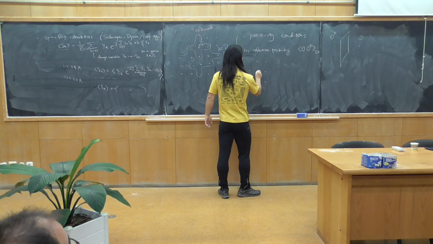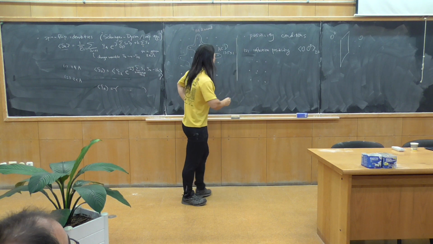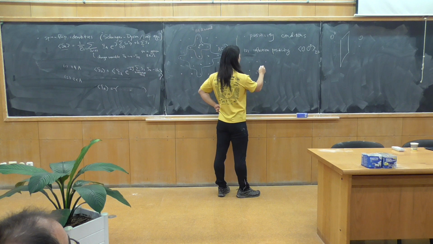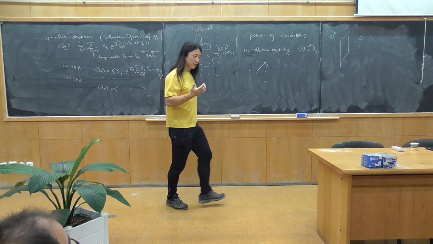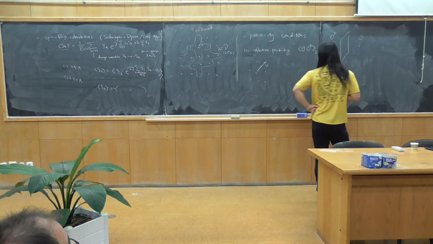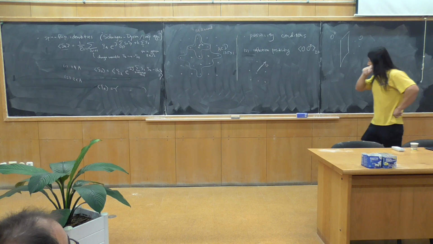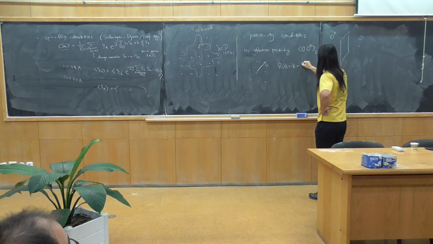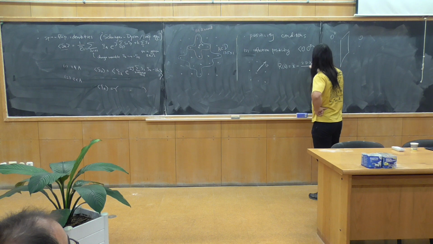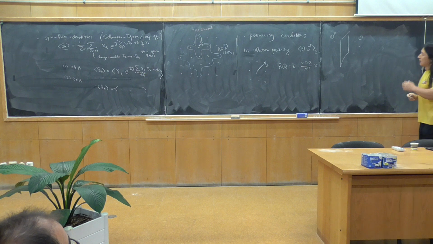Let's say we fix the origin here. You can pick some lattice vector v, and consider reflection in the direction of v. The reflection map takes a lattice site x to x minus 2 (v dot x) over v squared times v.